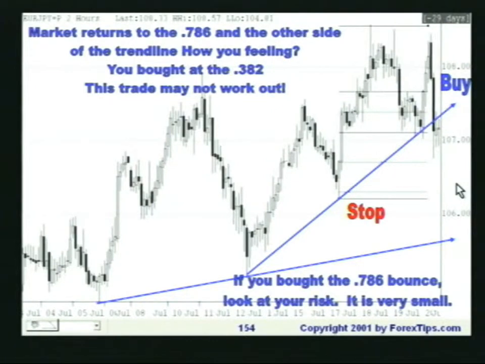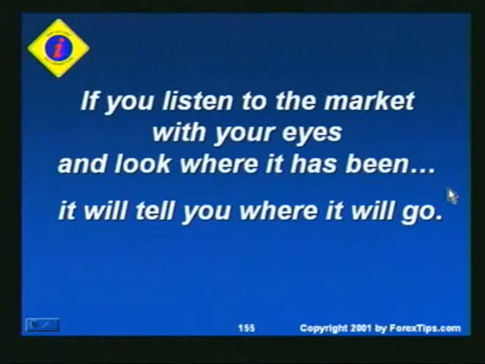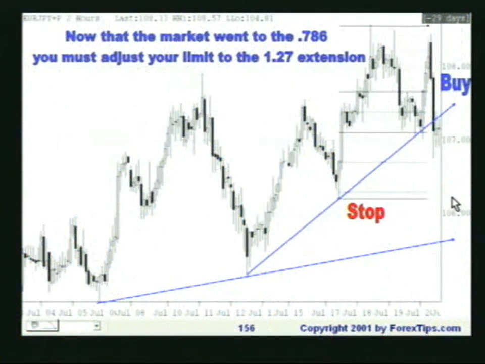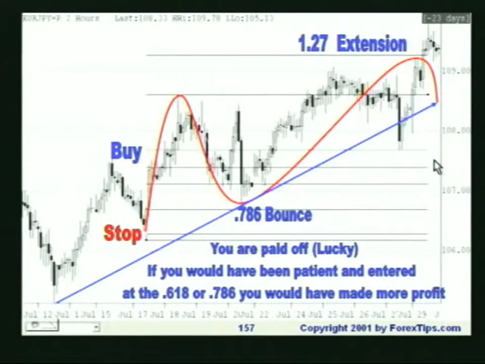I was hoping to take the ride to the 1.618, but now I can only take a ride to the 1.27. If you listen to the market with your eyes and look where it has been, it will tell you where it's going to go. Now that the market went to the 786, you must adjust your limit to the 1.27 extension.